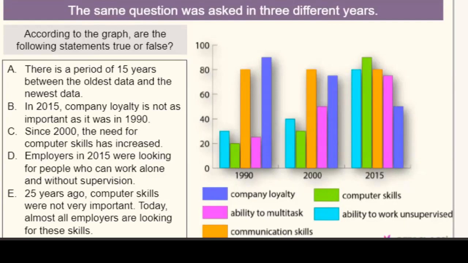Today, almost all employers are looking for these skills. So this one is, what do you guys think? It's a comparison. So it's true, right? If we go to the 1990s and we go to the green one versus 2015, it's really a significant change, right?